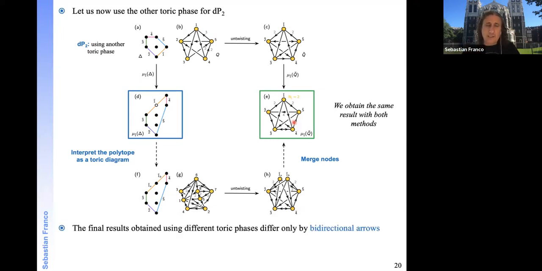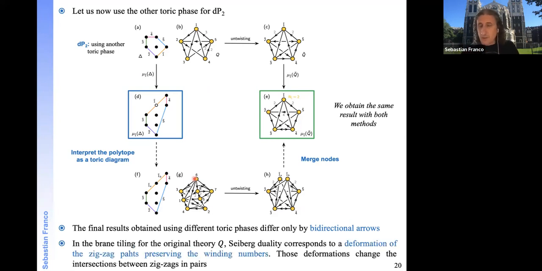So the final results obtained in the previous slide and this slide, which were obtained from different toric phases here and here, differ in this case by the bidirectional arrow. Is this a surprise? No, I would say that this is the expectation, because in the brane tiling, Seiberg duality corresponds to deforming the zigzag paths while preserving the winding numbers.